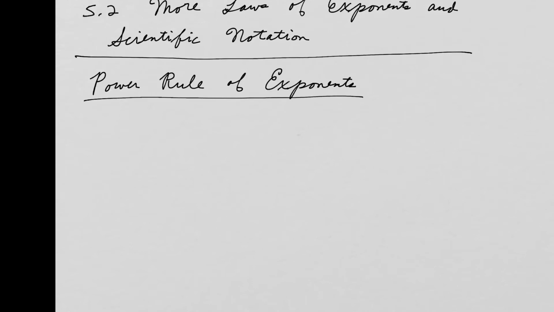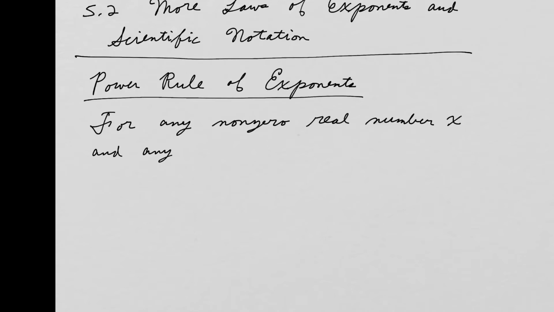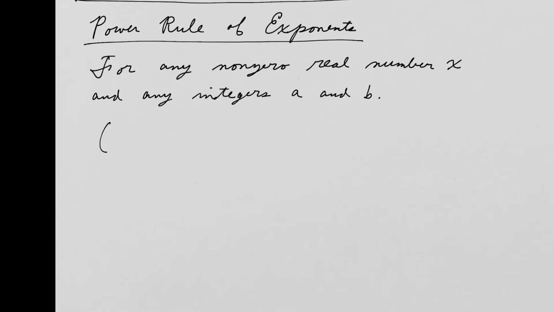So what this says is for any non-zero real number x, and any integers a and b, if I take a power, say like x to the a, and I raise it to another power b, then the rule is I can simplify this just by keeping the base there and then multiplying the powers.